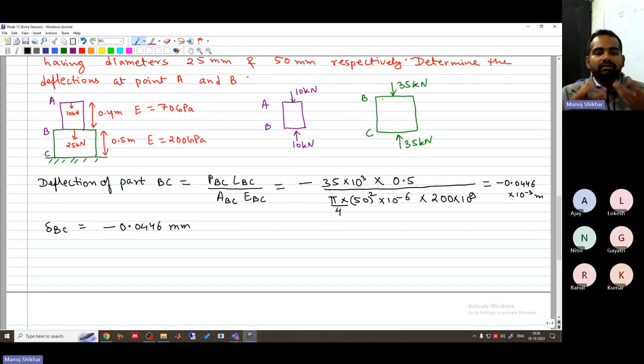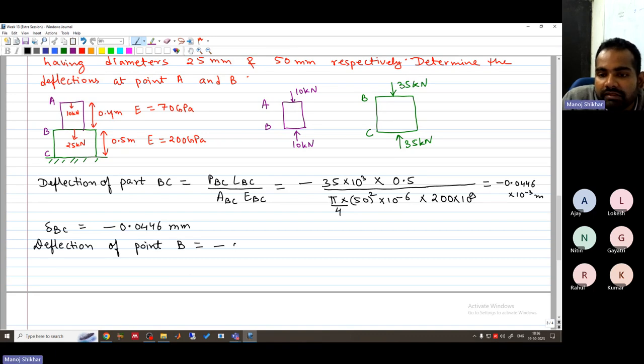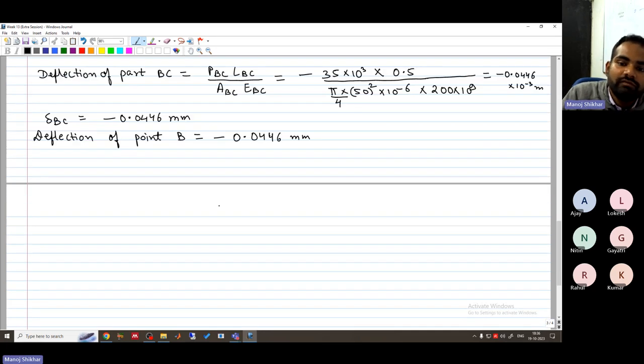It will be the deflection of BC. So we can directly write deflection of point B equal to minus 0.0446 mm.